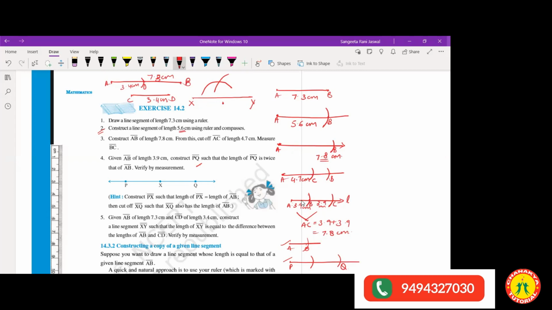Open your compass here from O to B, and then pick your compass and keep the compass needle on point X, and whatever the measurement of O to B was, mark that arc here. Mark that OB measure on this XY.